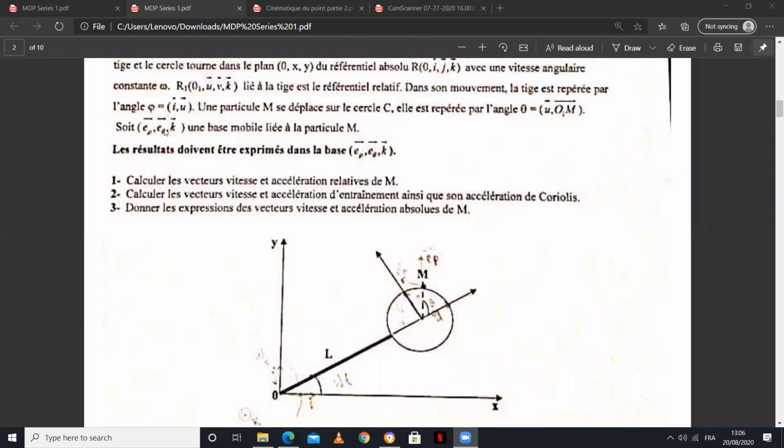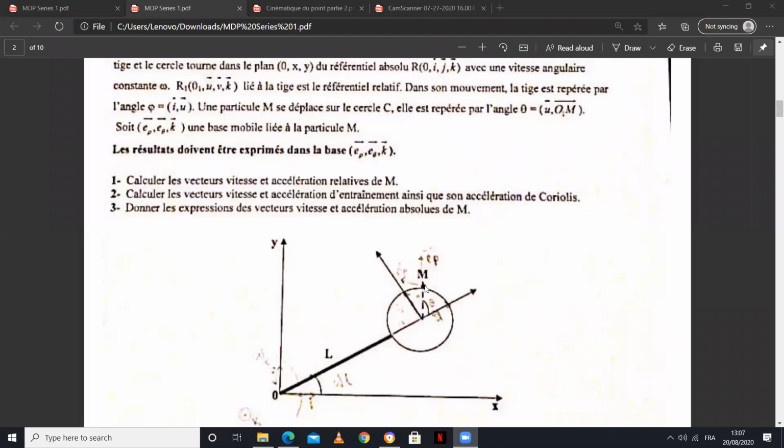Et ils vous disent: soit (e_r, e_theta, k) une base mobile liée à la particule M. So to this particle M, you have e_r like that, you have e_theta there, and you have k, l'axe vertical.